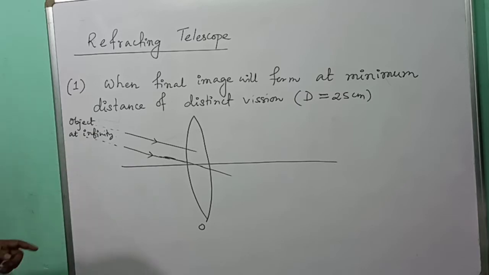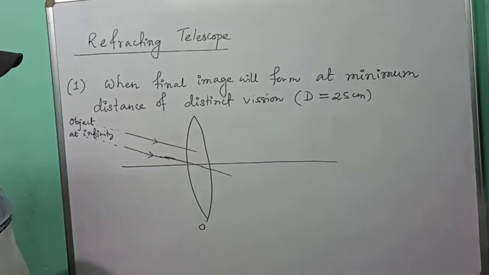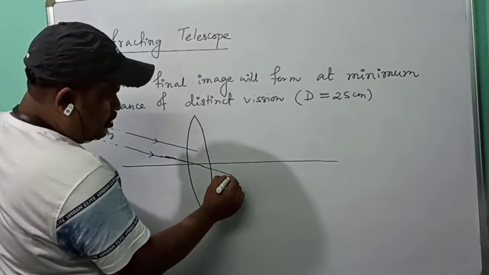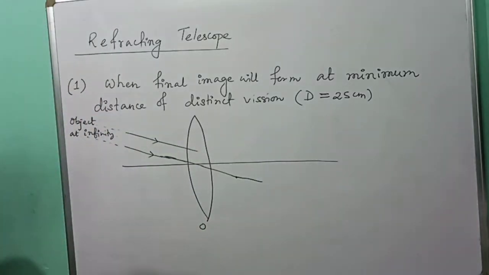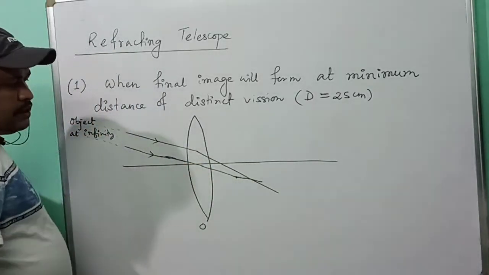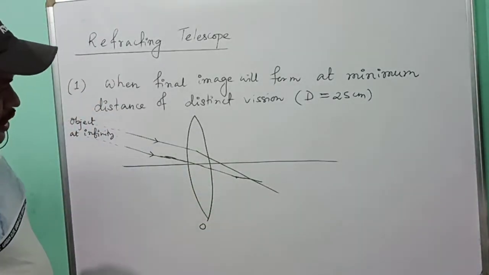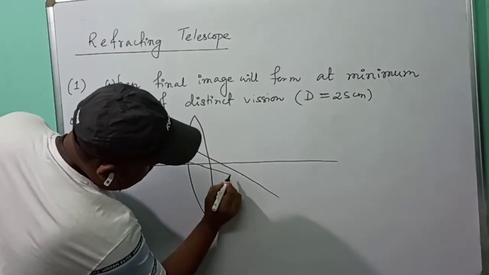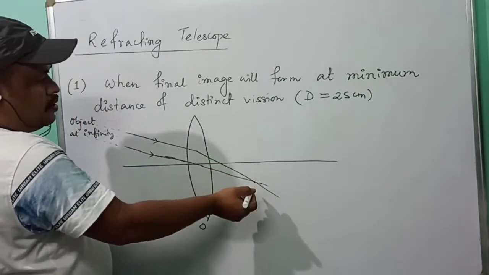Now these two rays after refraction from the objective lens will meet at a particular point, which will be the focus of the objective lens. Suppose these two refracted rays intersect at this point, which will be the first image.